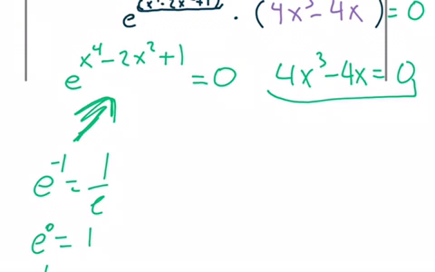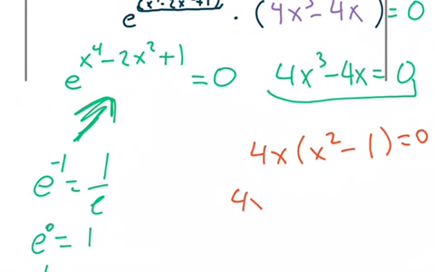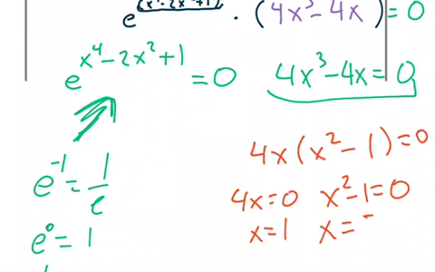So what's the best way of solving this? Factor out a 4x, which leaves me with x squared minus 1 equals 0. So 4x equals 0, and x squared minus 1 equals 0, hence x is 0, or x equals plus or minus 1. Okay? So, what does this mean?